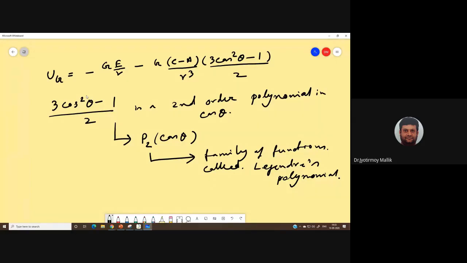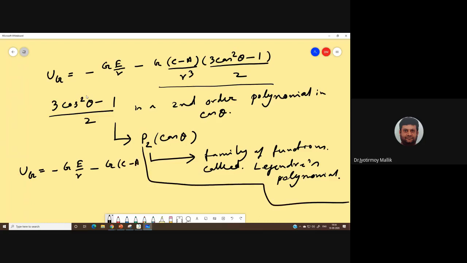If I now express this particular term with Legendre's polynomial, I can write UG is equal to minus GE by r minus G (C minus A) by r cubed, P2 cos theta.